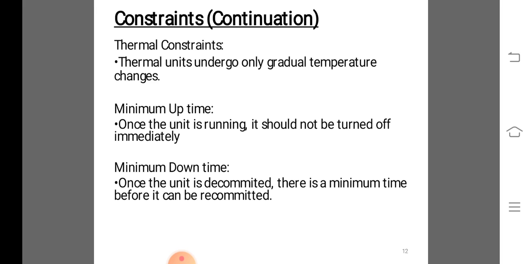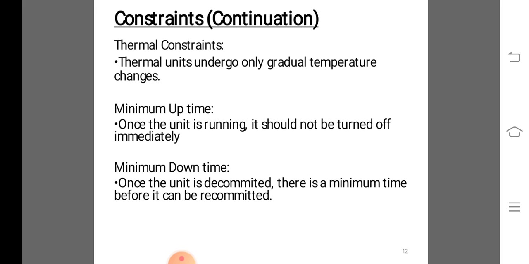Spinning reserve must be carried so that the loss of one or more units does not cause a drop in system frequency. Quite simply, if one unit is lost, there must be enough reserve on the other units to make up for the loss in a specified time period.